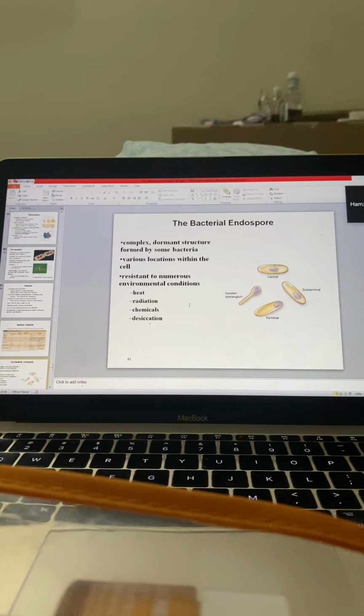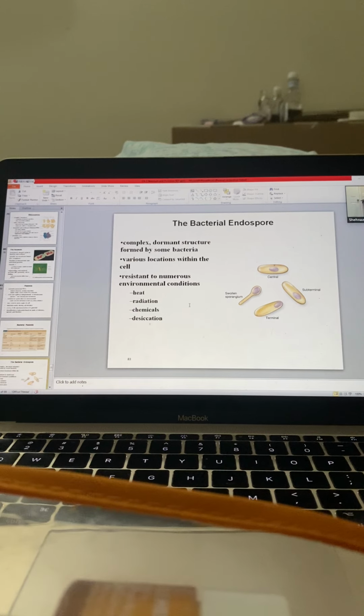They're highly resistant. They're highly resistant to what? Environmental changes for survival, such as heat, UV, chemicals, a lot of environmental stuff that would kill most bacteria.